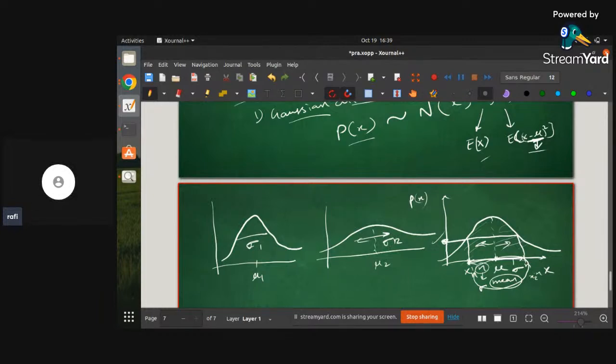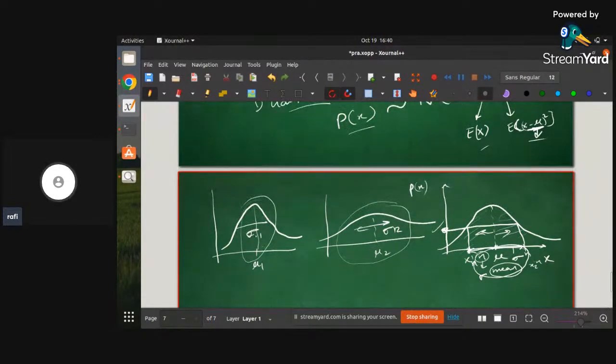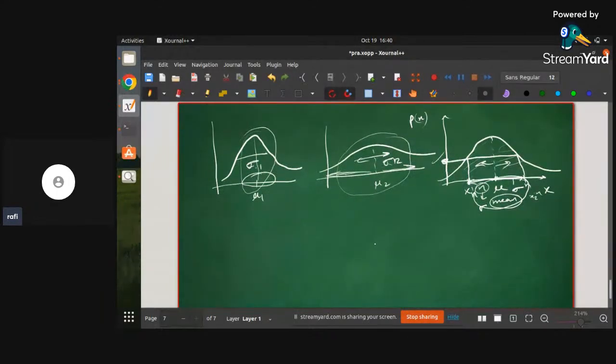So here the data is more widely distributed. Here most of the data is concentrated near the mean. Okay, so sigma is low means all the data values are concentrated near the mean most of the time. Sigma is large means the data is distributed widely, away from the mean.